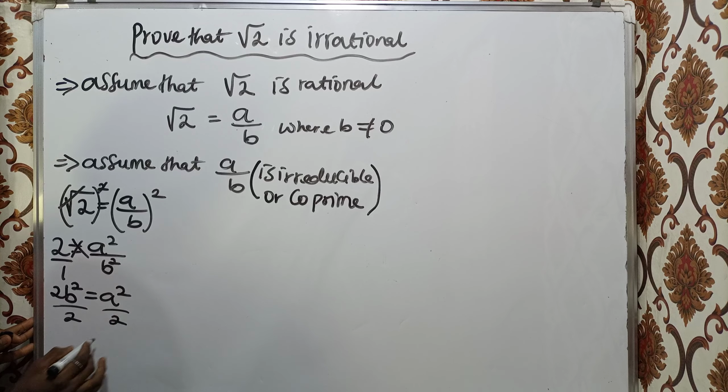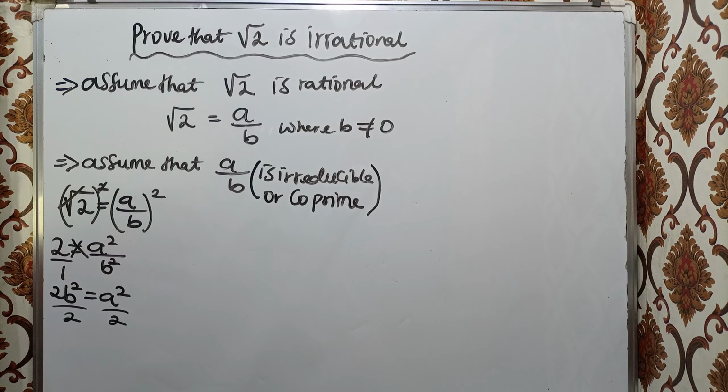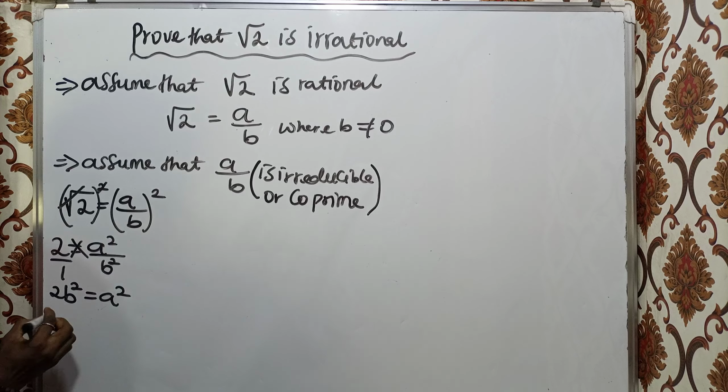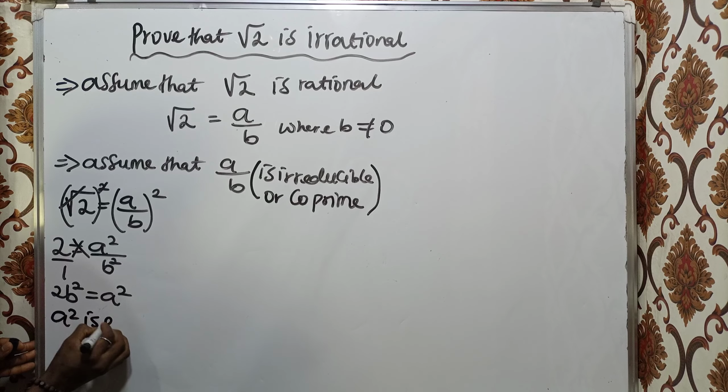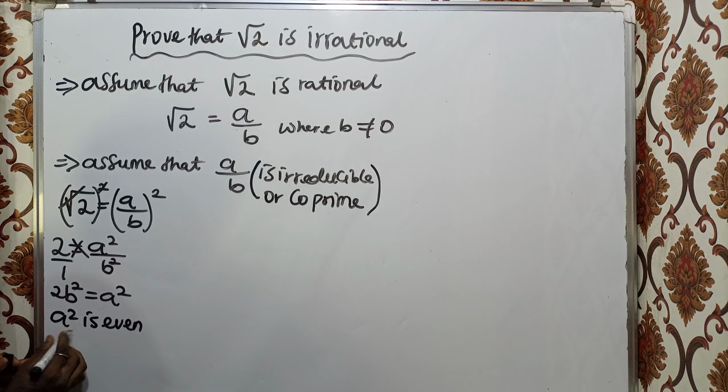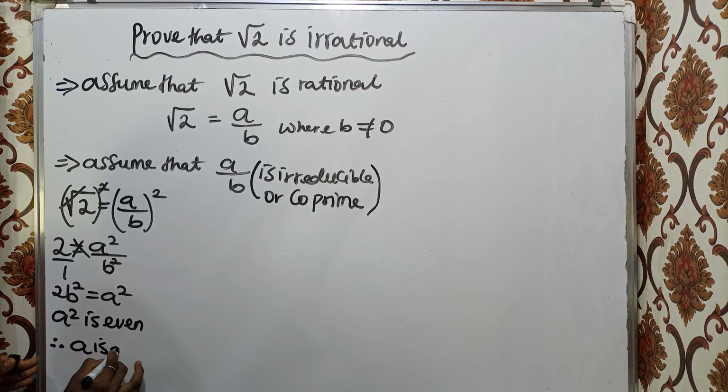This is telling us that a squared is even, because any number that is divisible by 2 is even. And if a squared is even, therefore a is also even.